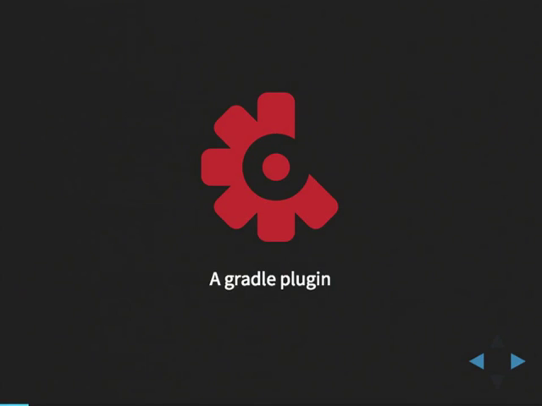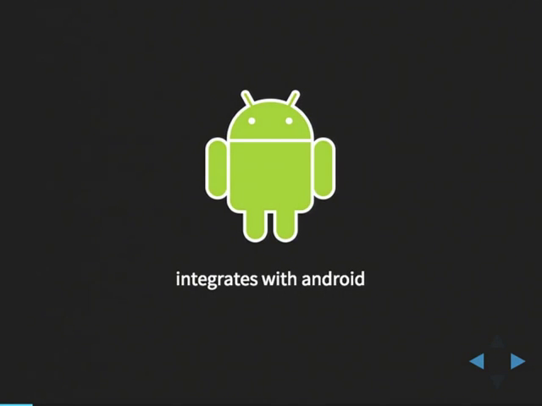And we do this via a Gradle plugin. This is a plugin that integrates with your builds and does a little bit of network I/O to send something to our backend. And this integrates on top of the Android plugin for Gradle. So this has sort of been where I was inspired for this talk. It's a talk about building plugins and being in an ecosystem where you're interacting with other plugins.